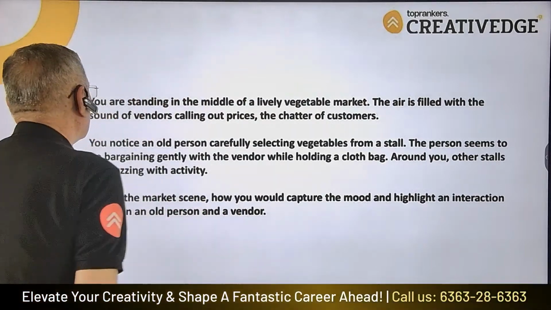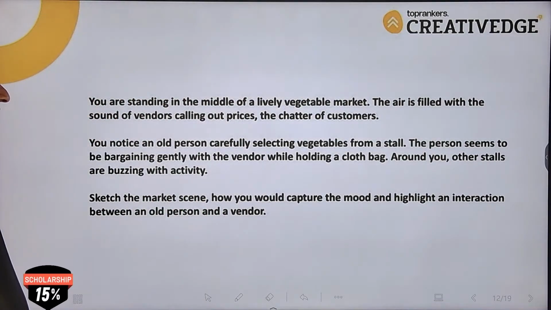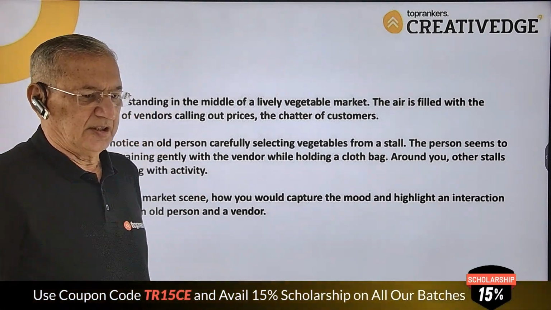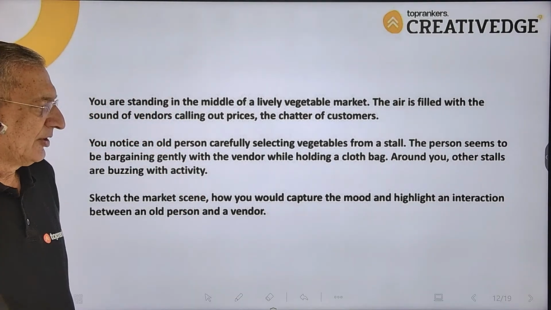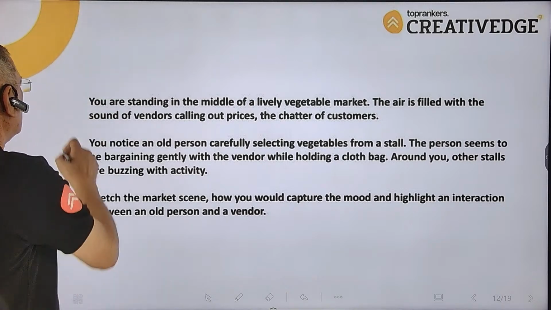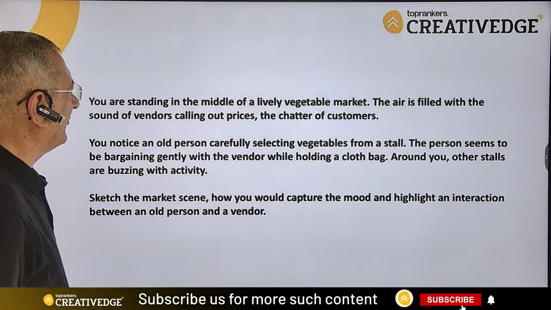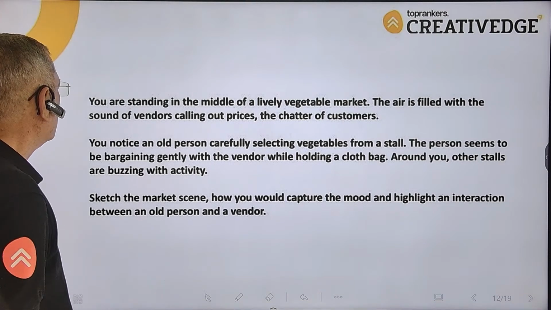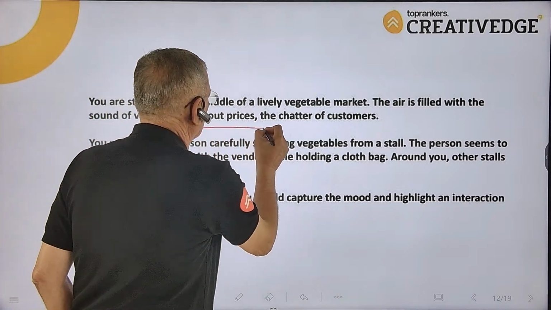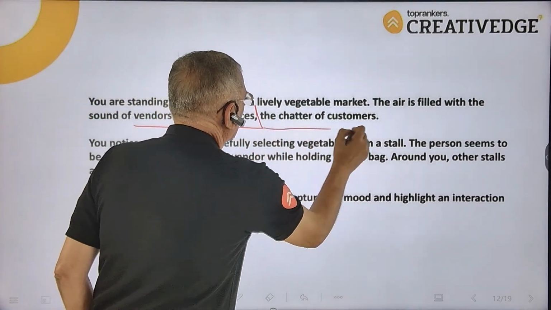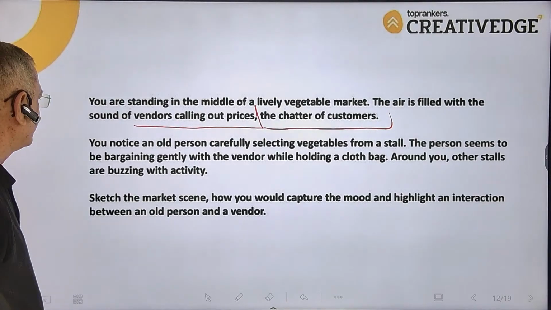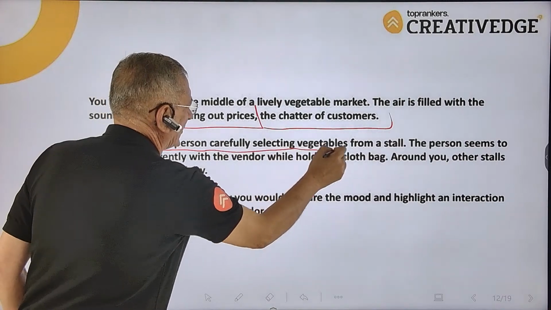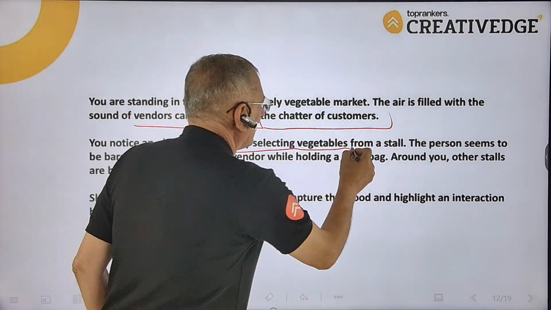Next, you are standing in the middle of a lively vegetable market. Now, this is not from any year. This is your practice question that I am giving to you. You are standing in the middle of a lively vegetable market. The air is filled with the sound of vendors calling out prices, the chatter of customers. You notice an old person carefully selecting vegetables from a stall.